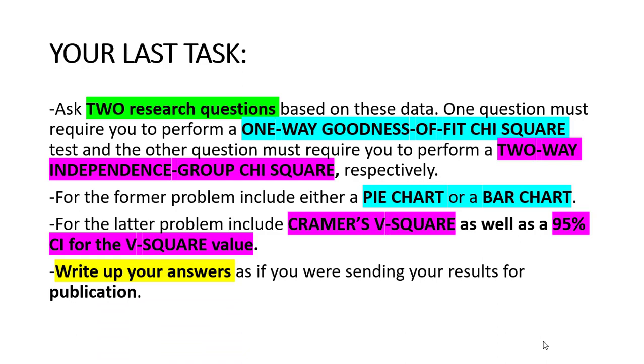Finally, you're going to write up your answers as if you were sending your results for publication. So this is your last project. You write your own questions, and then make sure you run the 2 kinds of chi-square tests that we studied in this video.